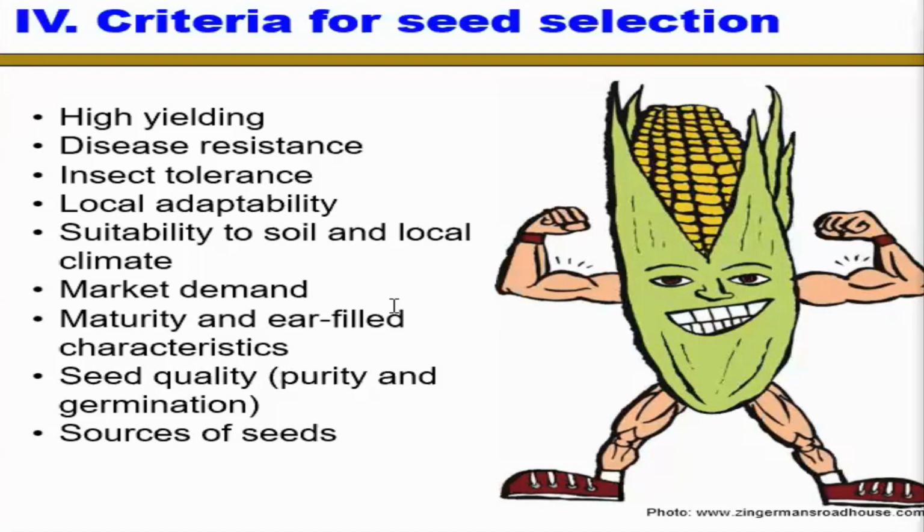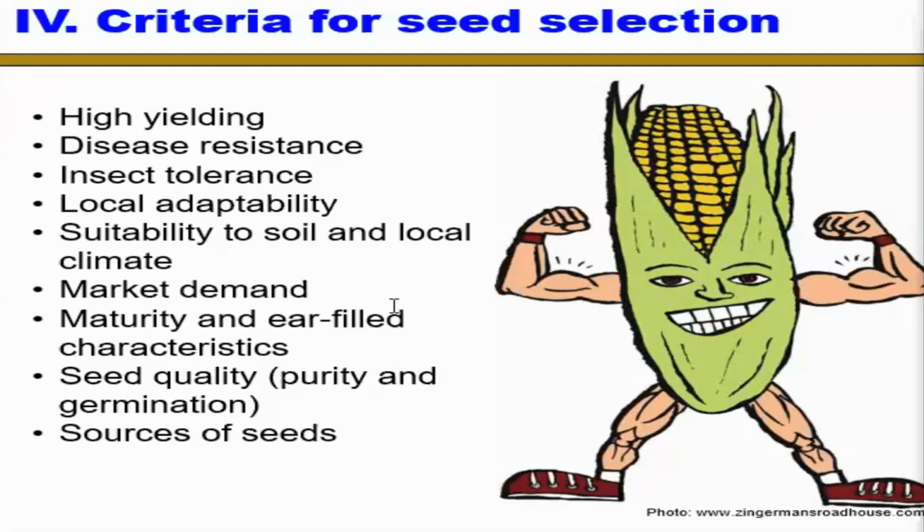Next is the purity and germination. Most of the seeds have 3 to 4 years of germination when stored in ideal conditions. And we have also the source of seeds, the credibility of the source of seeds or the seed grower.